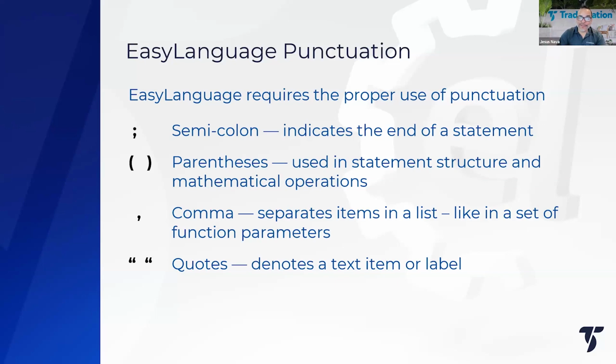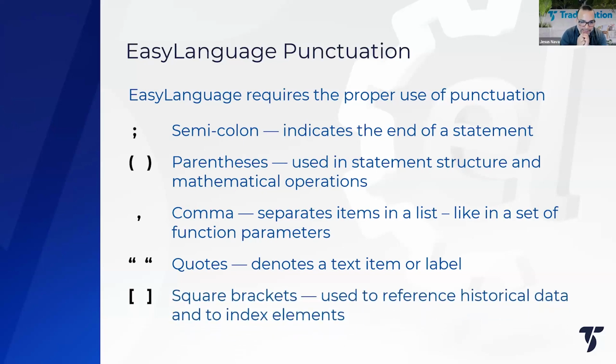If you don't use labels, then EasyLanguage will just grab default names like plot 1, plot 2. And if you have an indicator that has multiple plots, having them numbered sometimes is confusing. So creating these labels allows you to assign a custom name to each one of these plots so that you can identify them so much easier.